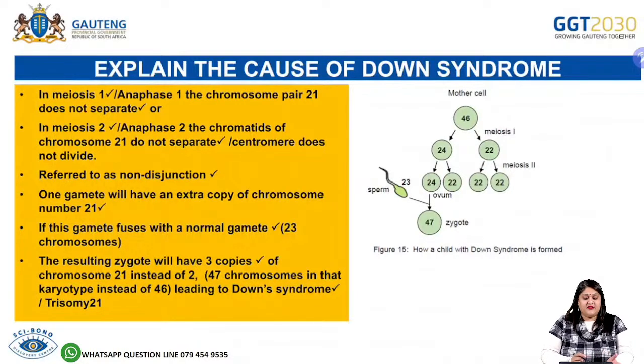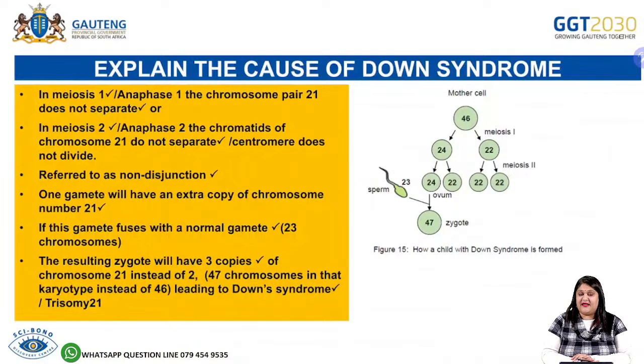So in how we explain it, firstly, before I explain it with the words according to a marking guideline, I first want to help you to understand it, right? Let's look at the picture on the right-hand side. This is showing us that if we have a problem in meiosis 1, we have a mother cell having 46 chromosomes. That is now 2n, it's diploid.